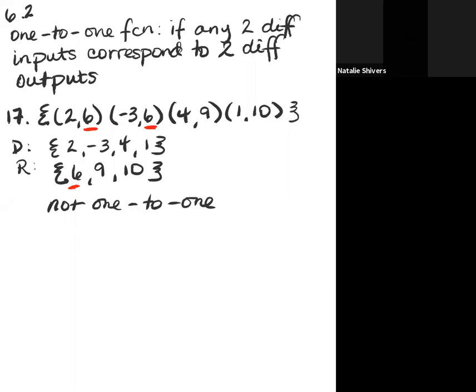Okay, so we have something called a horizontal line test. We had a vertical line test. We also have this horizontal line test. So I'm going to write this out, but it's the same idea.